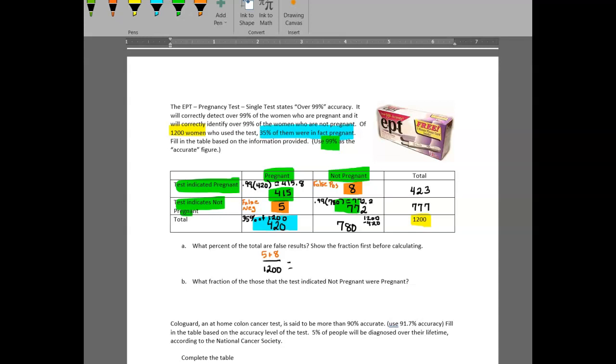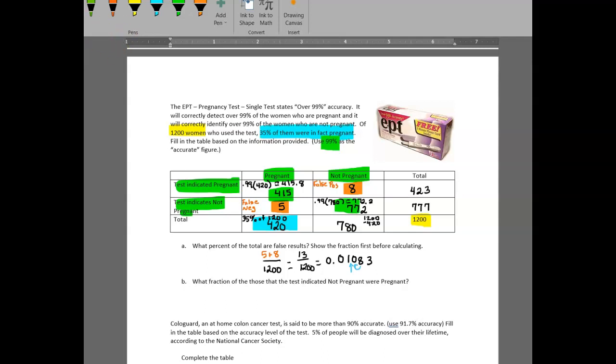So we end up with 5 and 8 is our 13 out of 1,200, which is 0.01083. Again, percentages of 1 decimal place. So the decimal would go here. The 8 is going to force the 0 to become a 1.